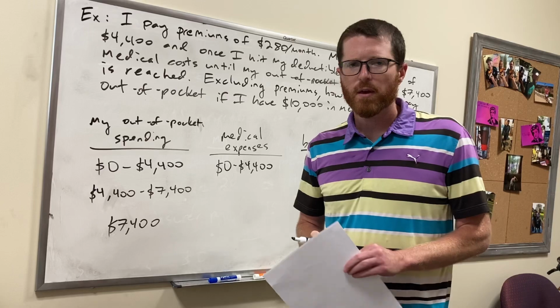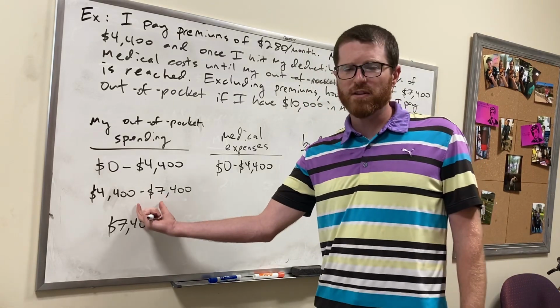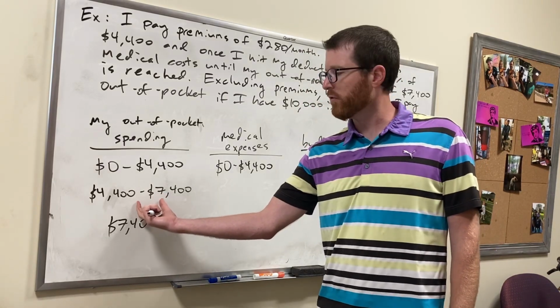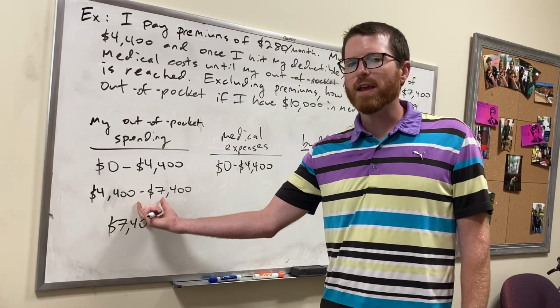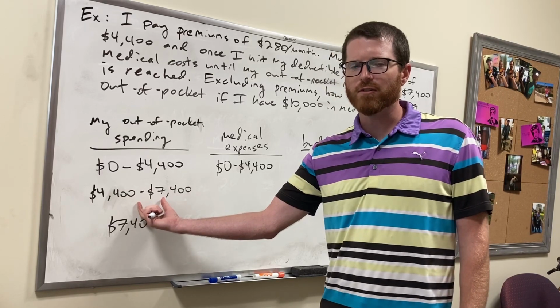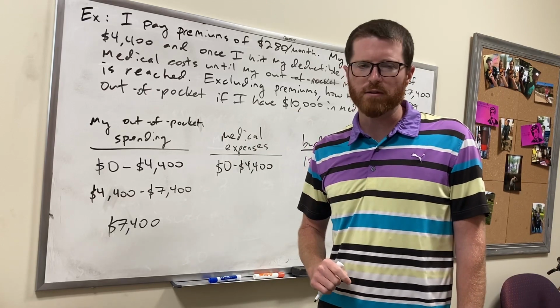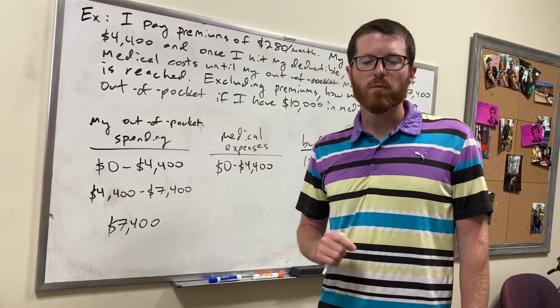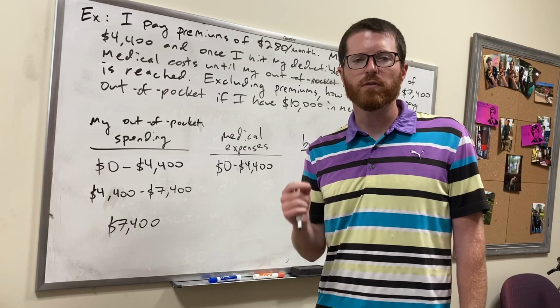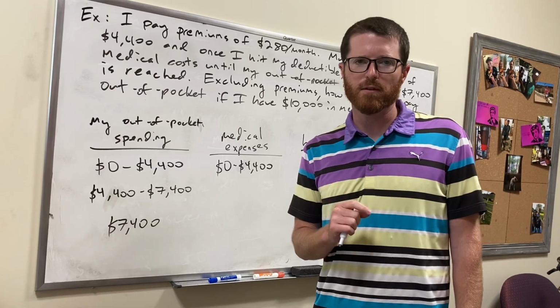Okay, but for the next $3,000 here, what you should recognize is it will take more than $3,000 in expenses for you to spend $3,000. Remember, you're only covering 20% of the medical expenses.